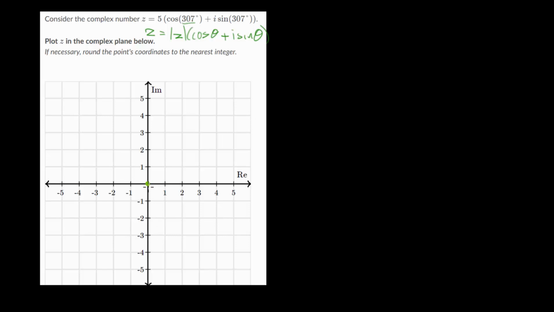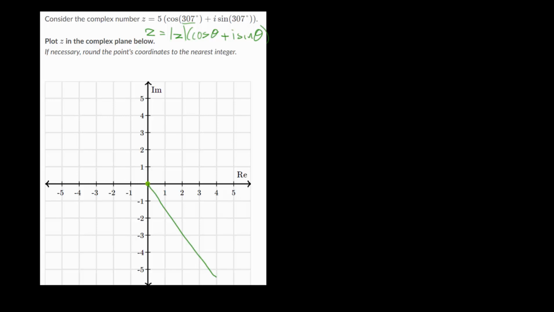It is bigger than 270, which would put us on the negative imaginary axis. So it's probably somewhere around here along this line, and it has a magnitude of 5, so we can roughly guess that it will probably be somewhere around here.